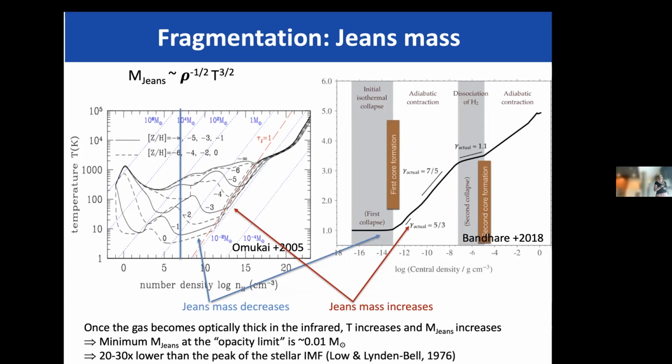So that means that this minimum Jeans mass is not really setting the minimum mass of the stars, but it is definitely setting a limit. So it's difficult to form stars which are much lower mass, because otherwise they would just not really collapse any further. So there are lower mass objects, but they are probably not going through this process.